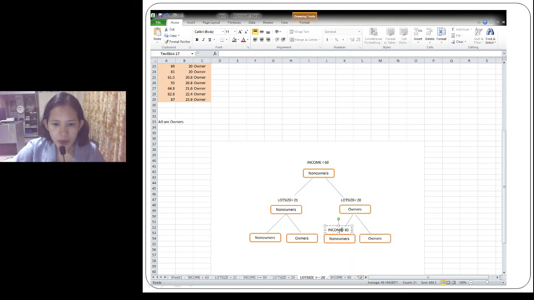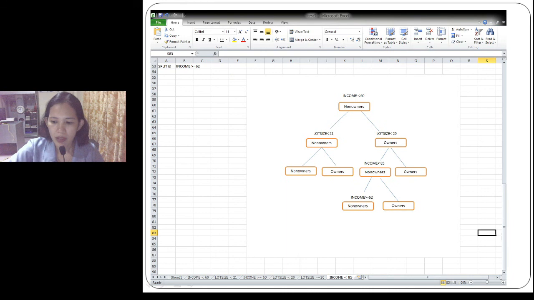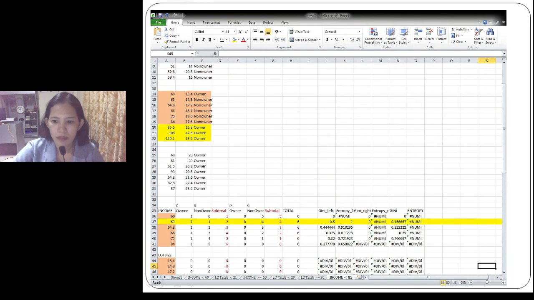Next, we have to find the split for this node. So that is income is less than 85. So we'll find again those records under income is less than 85, and these are highlighted in orange.